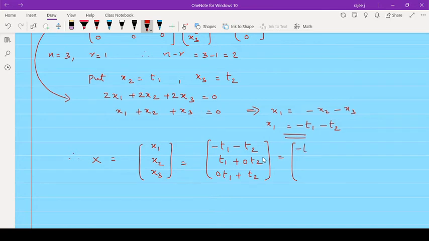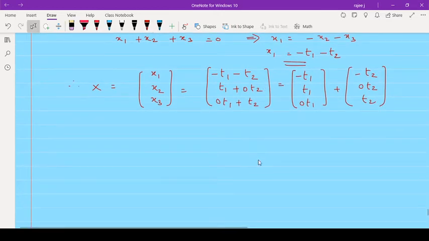So it is minus t1, t1, 0 t1 plus minus t2, 0 t2, or that's equal to minus 1, 1, 0 t1 plus minus 1, 0, 1 t2. So the required vectors are minus 1, 1, 0 and minus 1, 0, 1.